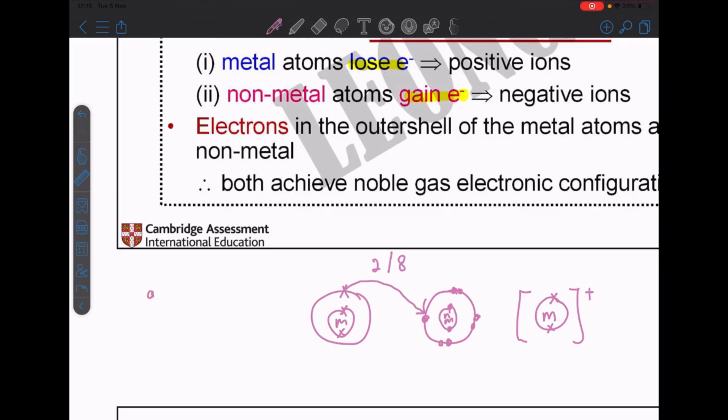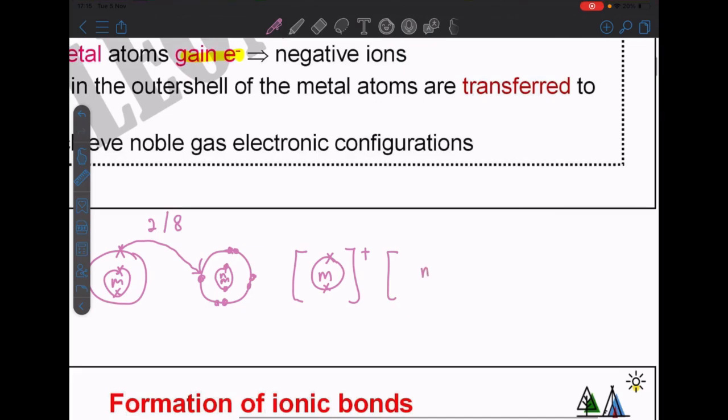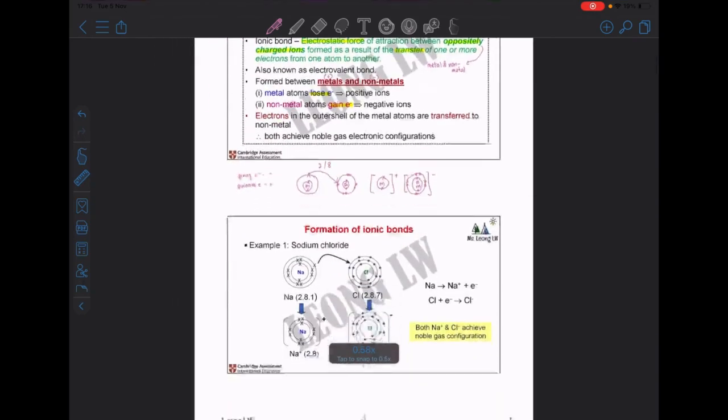Giving away 1 electron, it will be positive. Accepting it will be negative. So now non-metal has 8, a full outer shell in this case. So this would be negative because it is accepting an electron.